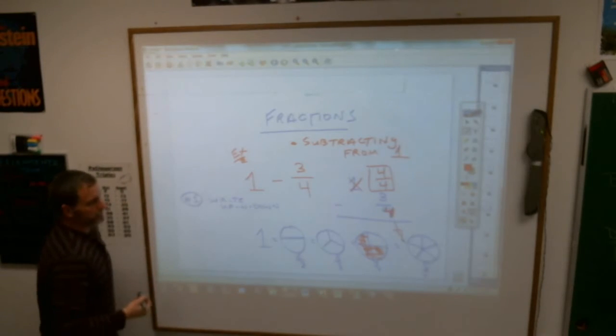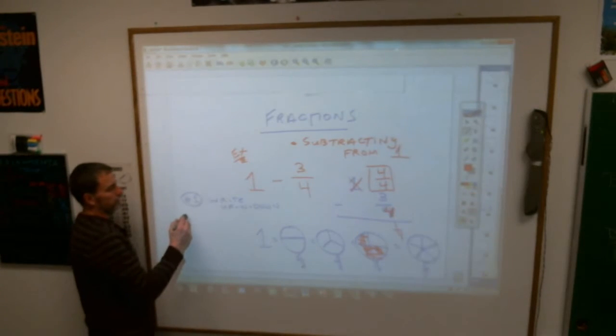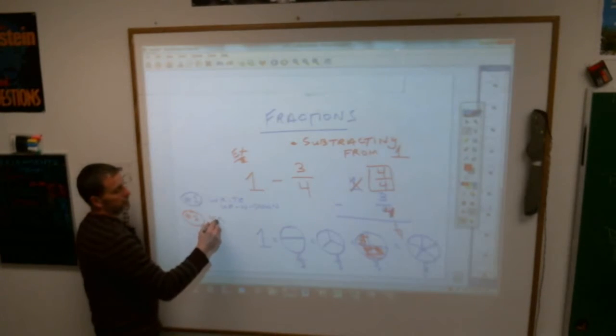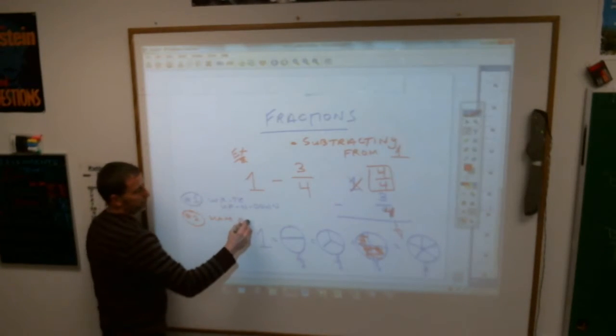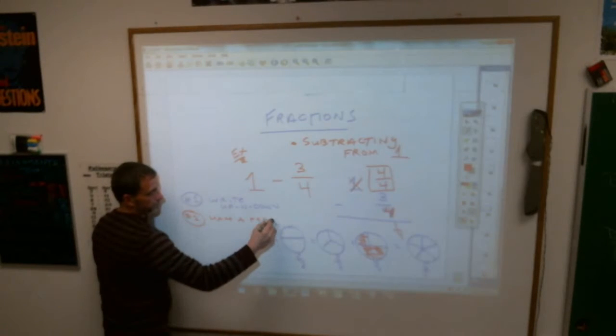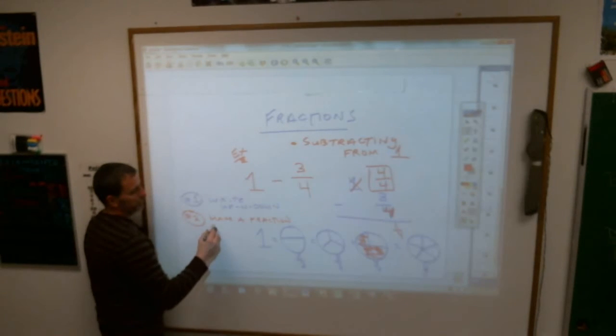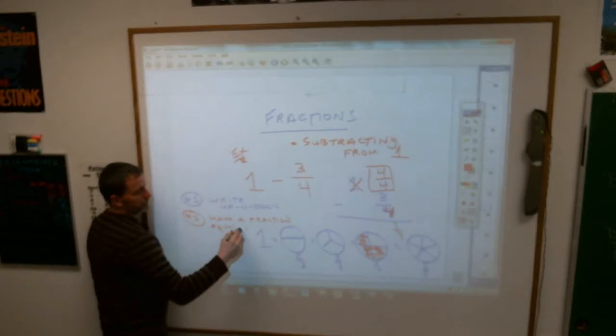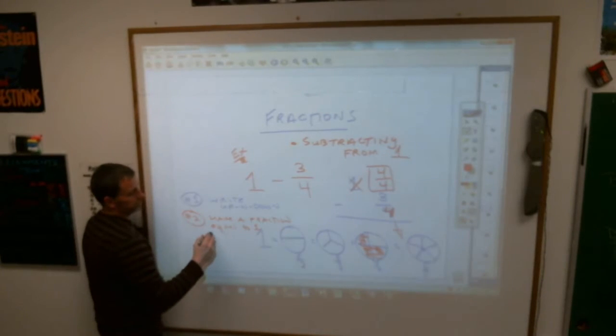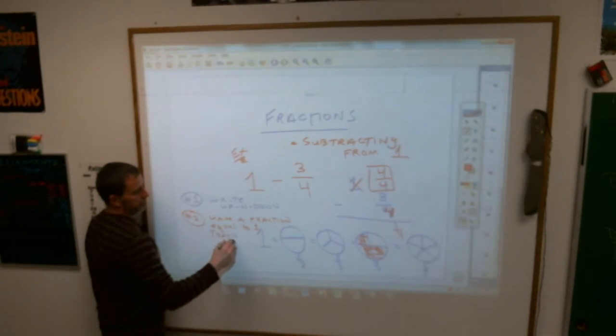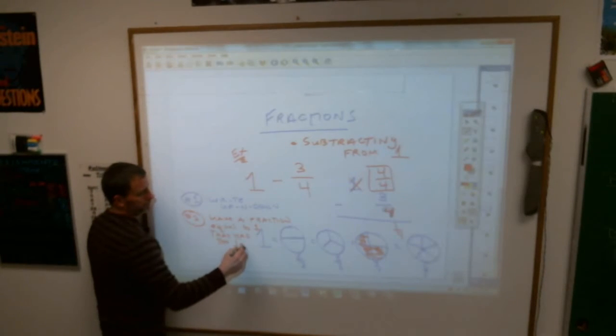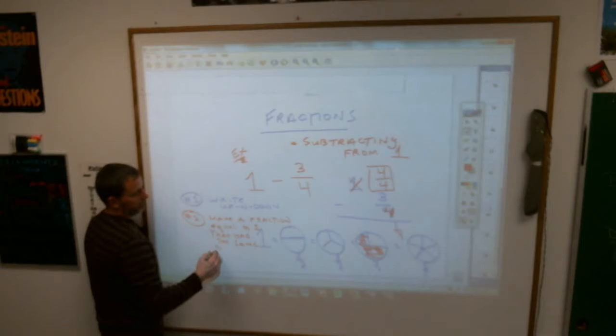Okay. So my step number 2 is to make a fraction equal to 1 that has the same, what do we call the bottom number of a fraction?